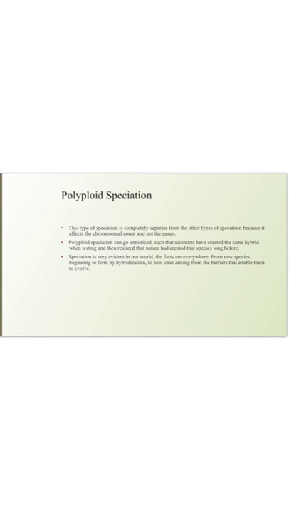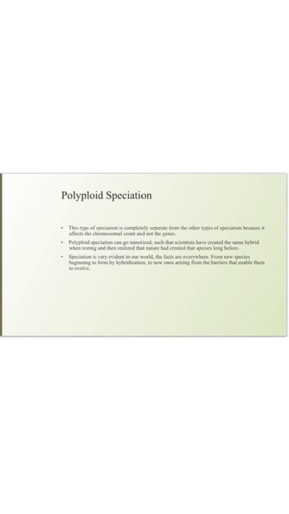Polyploid speciation is completely separate from other types of speciation because it affects the chromosomal count and not the genes. Polyploid speciation can also go unnoticed, such that scientists have created the same hybrid species when testing it in a lab. Then they realized that nature had already created this species long ago.